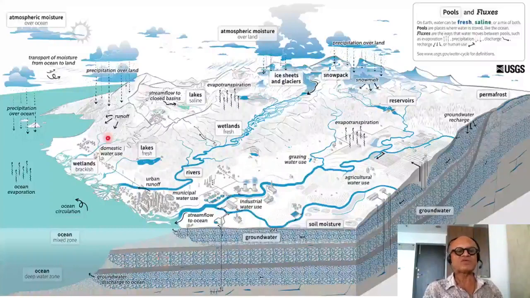Precipitation over land, of course, goes into runoff, domestic water use, wetlands which are brackish, lakes which are fresh, stream flows into closed basins like lakes can be fresh or salty, so fresh and saline. And of course there is overall evapotranspiration mediated by vegetation, so there is atmospheric moisture over land as well.